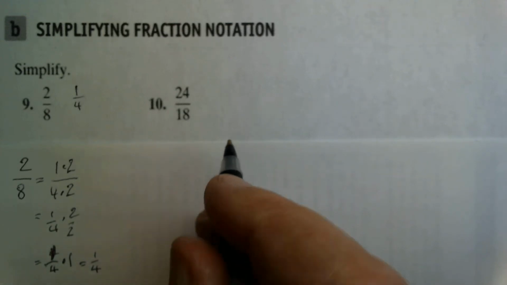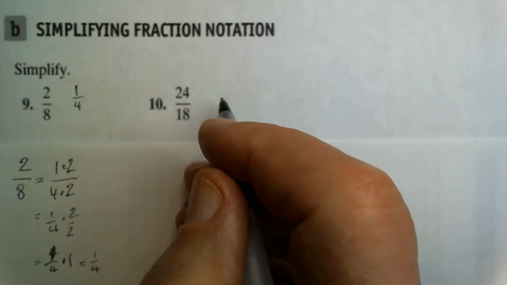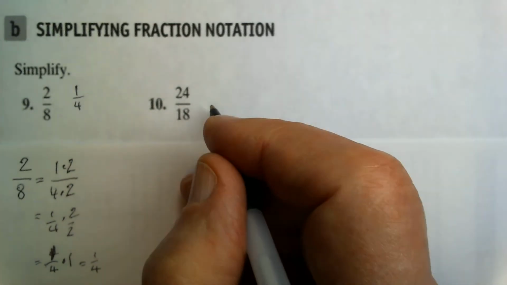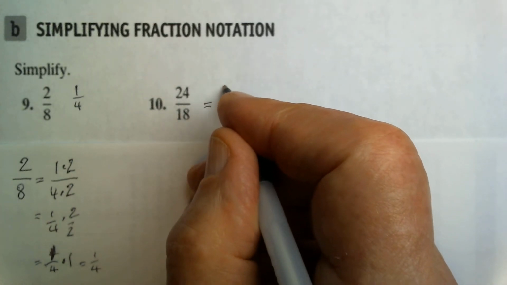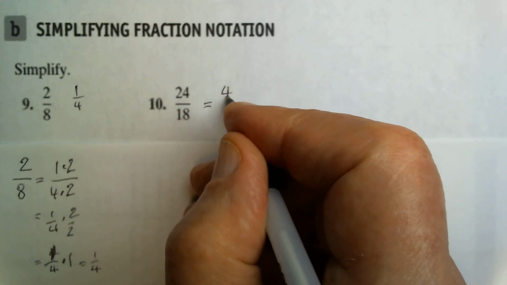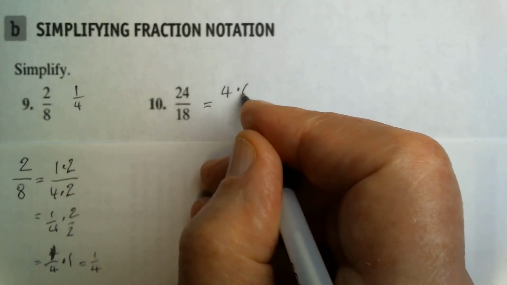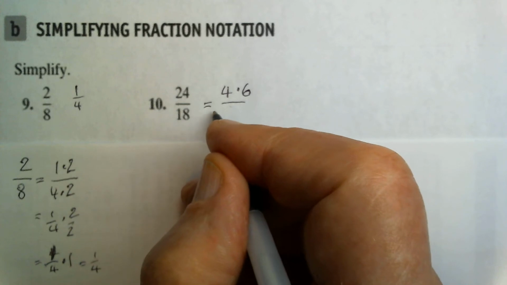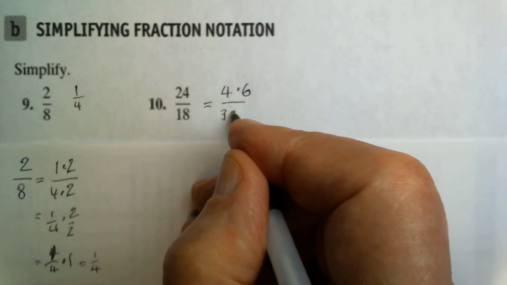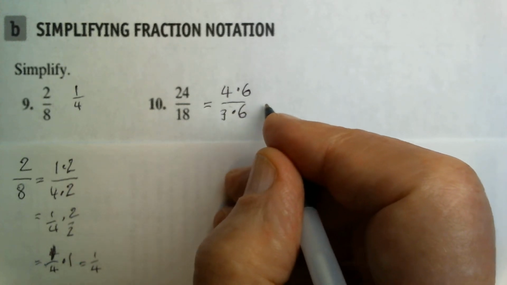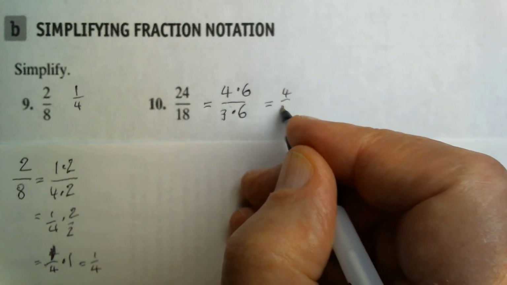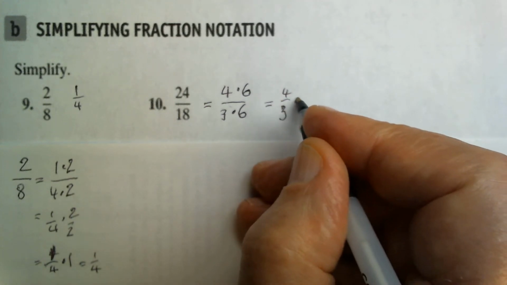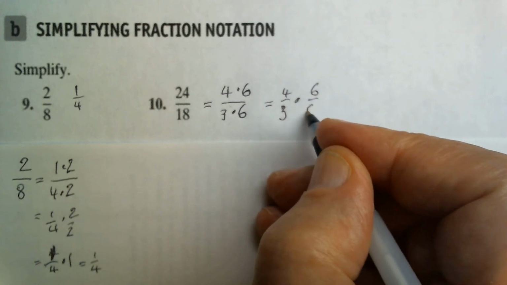Similarly, we can write 24 divided by 18 by factoring 24 into 4 times 6. And we can factor 18 into 3 times 6. So therefore we can write this as 4/3 times 6 divided by 6.